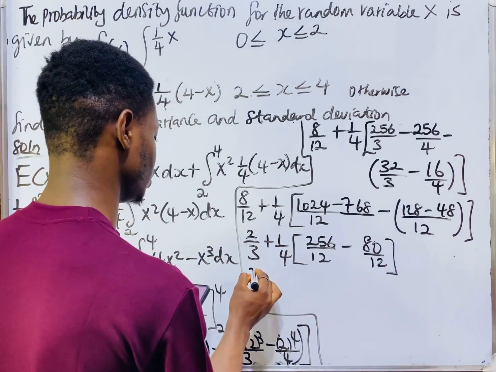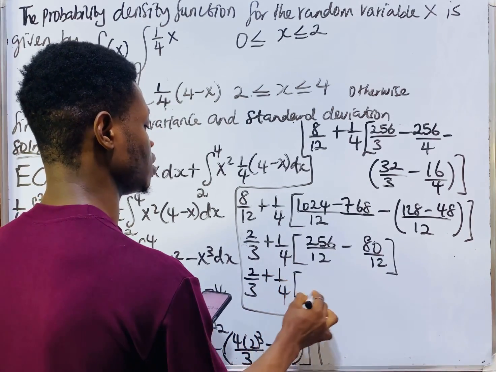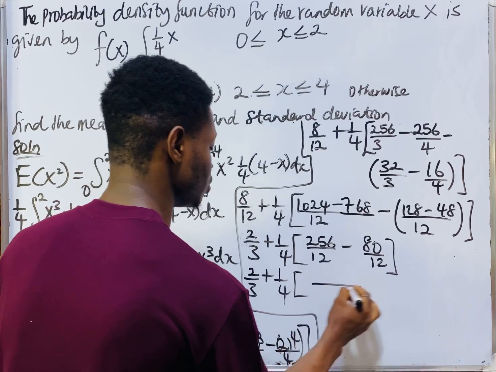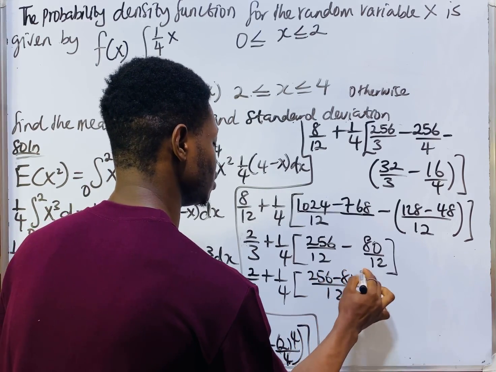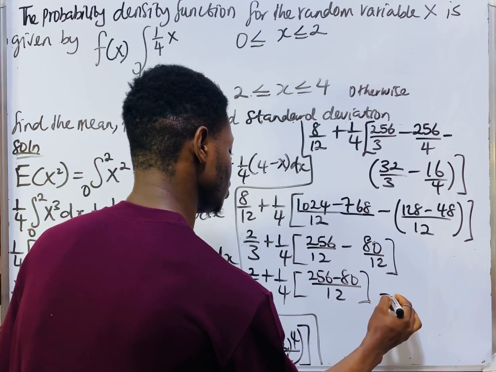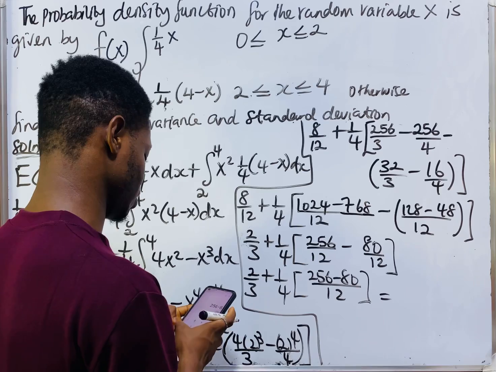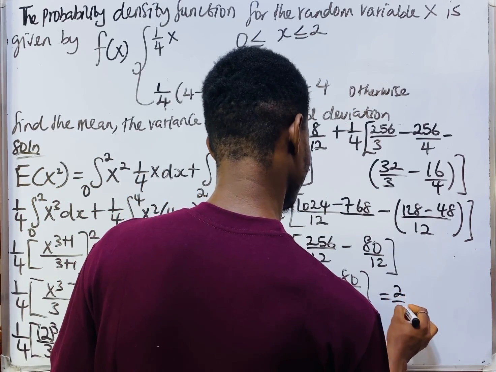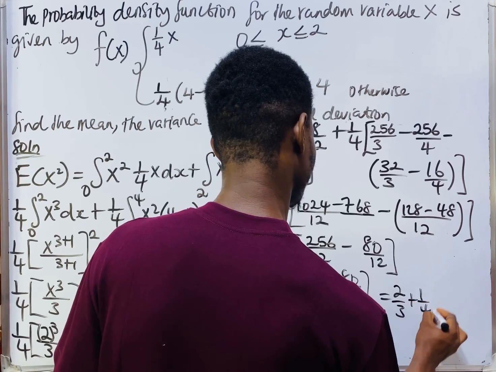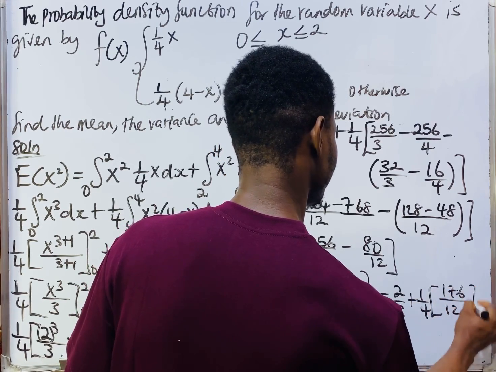So we're having 2 over 3 plus 1 over 4 times 256 minus 80 over 12, which is equal to 176. So we have 2 over 3 plus 1 over 4 times 176 over 12.